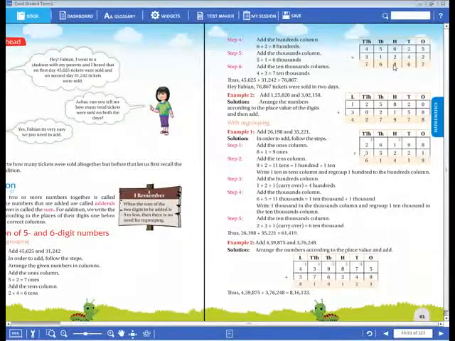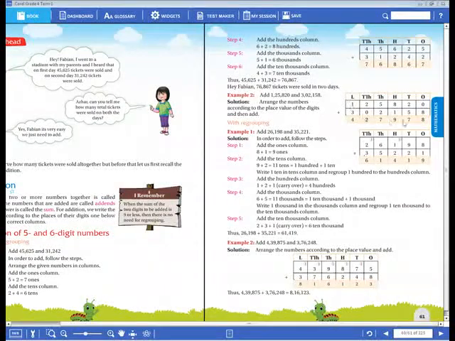You should not think about how to do it. As usual, as we have done for 2-digit, 3-digit and 4-digit numbers, similarly for 5-digit and 6-digit numbers also we do the same. The only thing is, the numbers are extended.